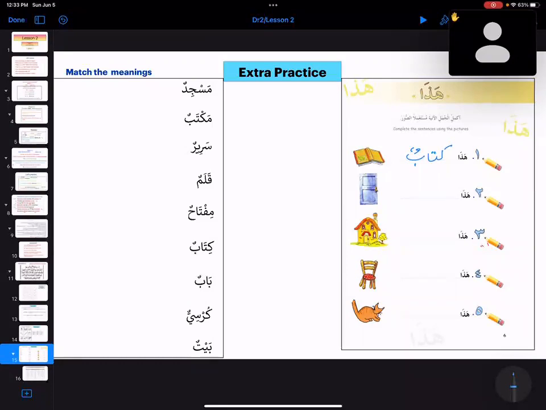Haza baitun, this is a house. Haza kursiyun, this is a chair. Haza qittun, MashaAllah. So haza qittun, this is a cat.